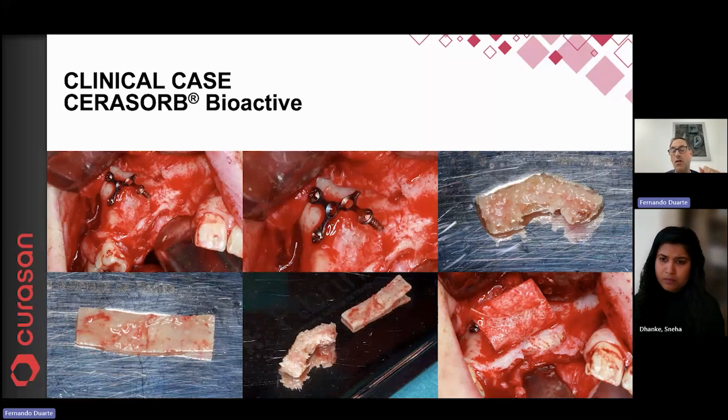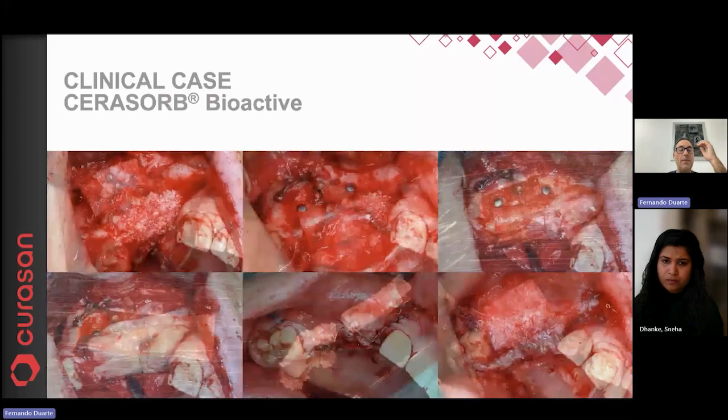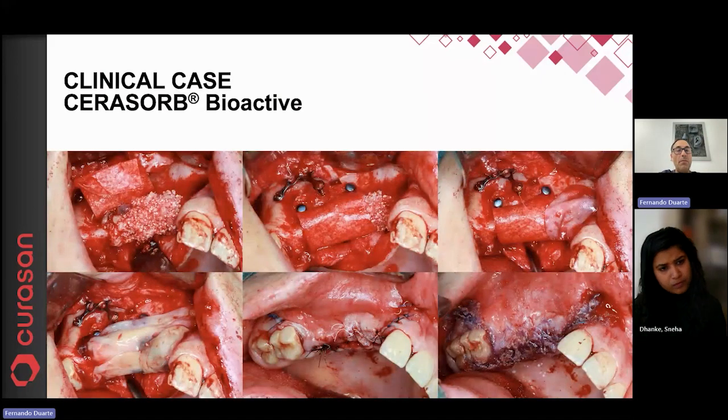With the tip of the piezo surgery device, we create these small walls to get more vascularity. As you can see here, we place a huge quantity of bioactive with autologous bone. And the first idea was to create this bone base. The screws and the membrane.